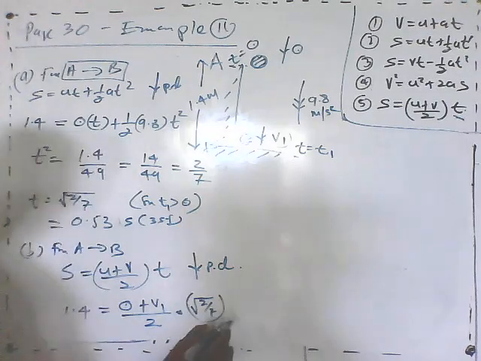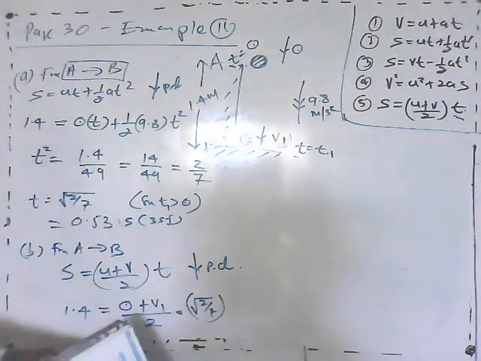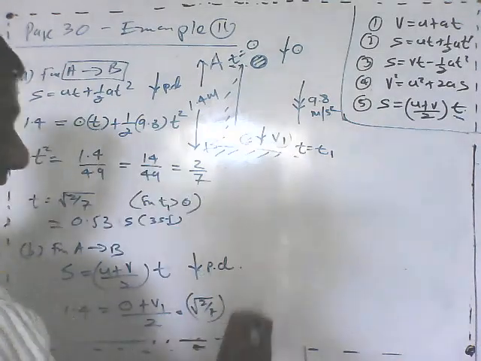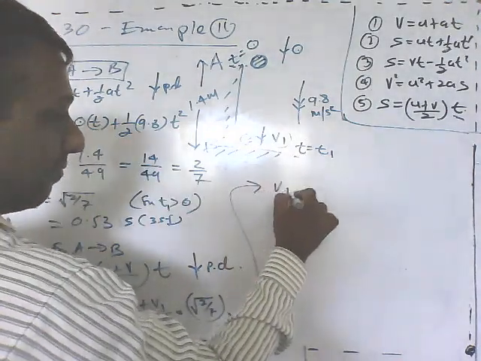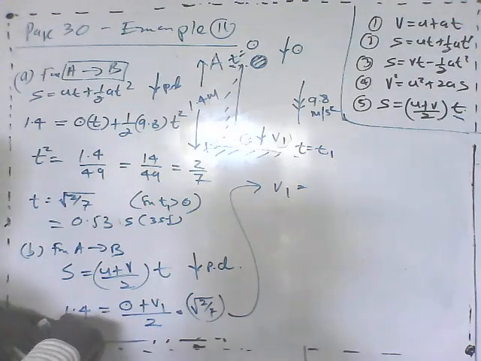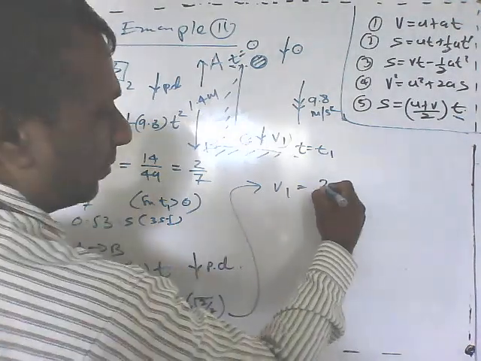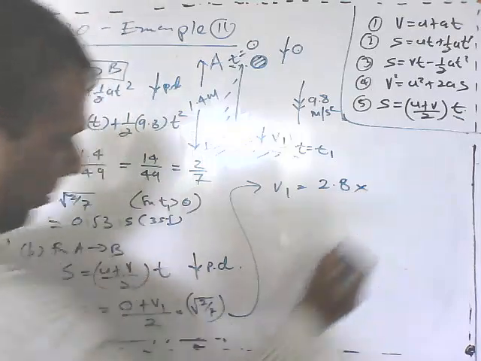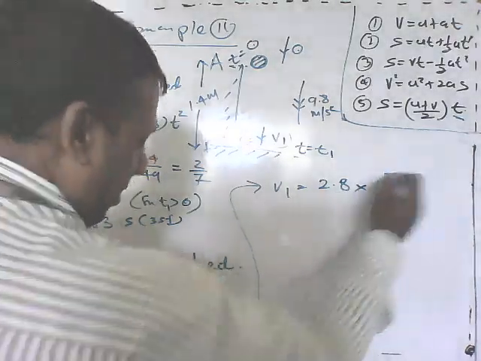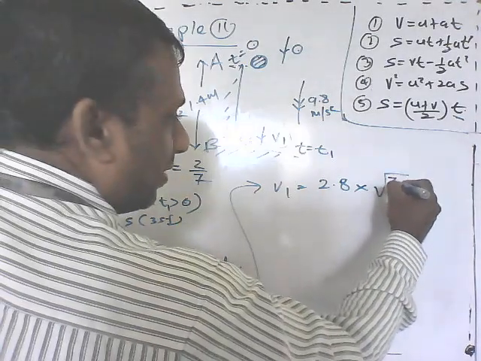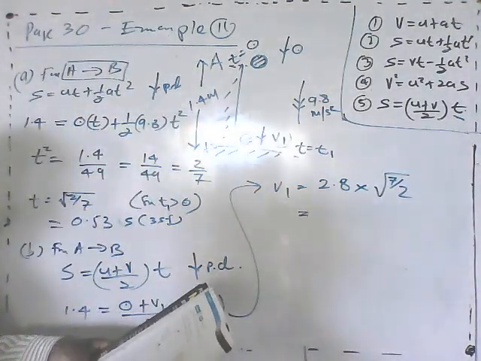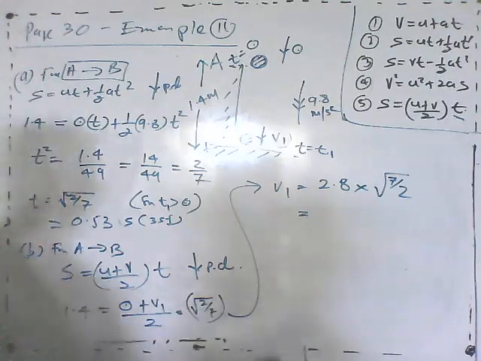That error is not going to get affected. So from here v1 is equal to 2.8 into 2.8 into root 7 over 2. So v1 we will get as 5.2 meters per second.